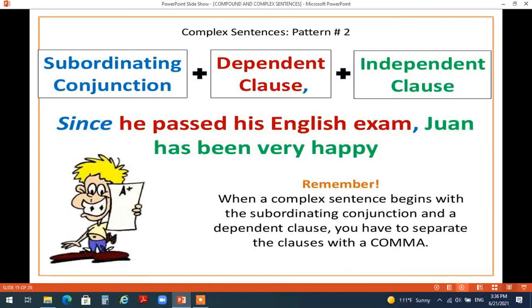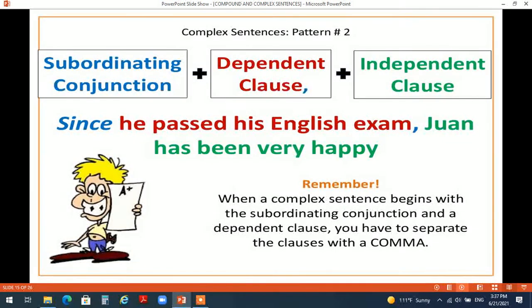In this diagram or in this slide you can see the structure of making a complex sentence. How can we for example make a complex sentence? Usually a complex sentence may consist of a subordinating conjunction plus a dependent clause plus an independent clause.